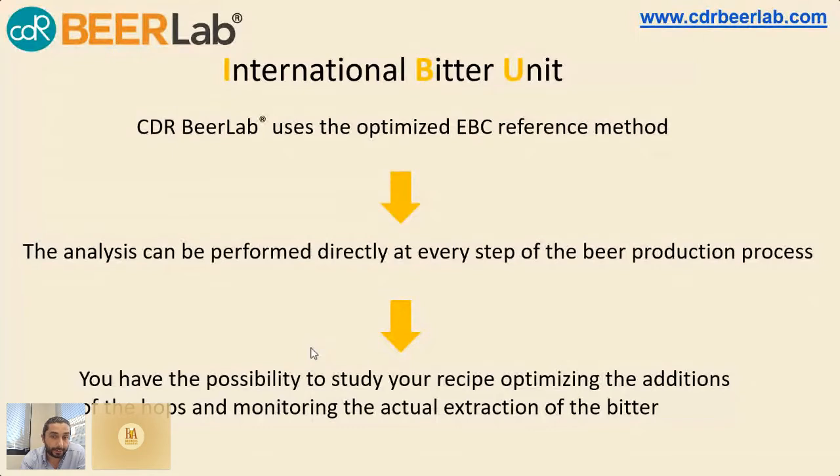And of course, with this analysis, you are able to optimize your recipe. And we have another interesting case study. Of course, we can't talk about all this in this presentation, but you can download our collection of articles if you go to our website.